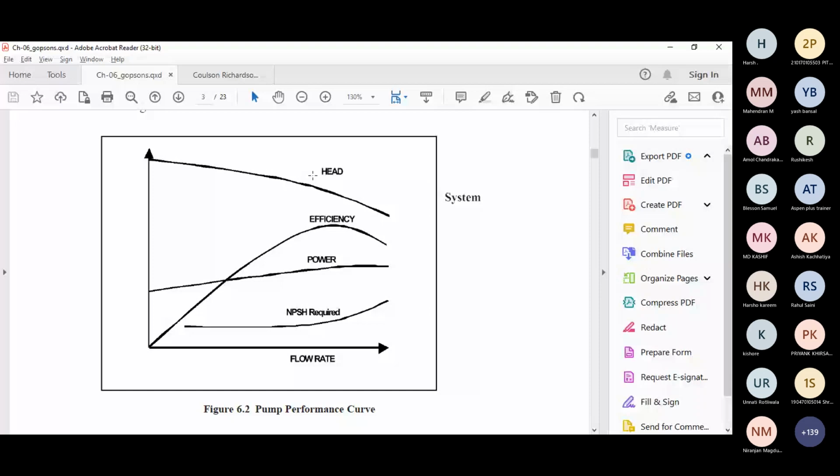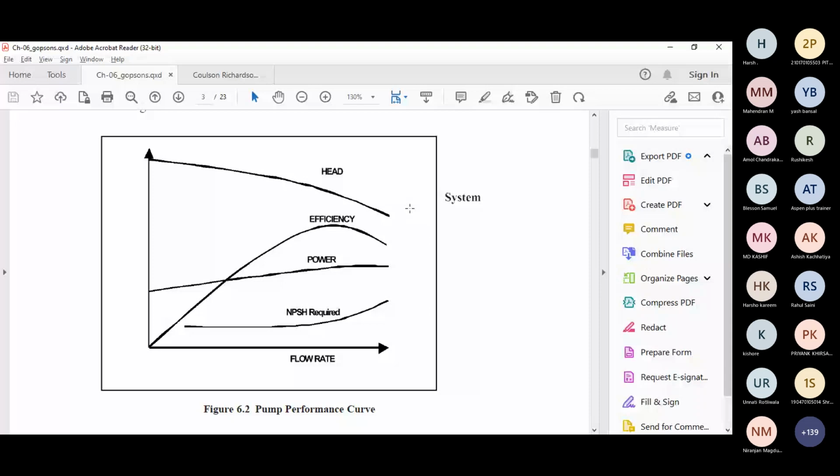As you open the valve, you get flow rate and your head decreases. That's why at shut off you will be showing higher pressure. As you open the valve, the shut off pressure which was higher before drops, right? It is getting converted into velocity head. So that's why this is the head and flow rate curve.